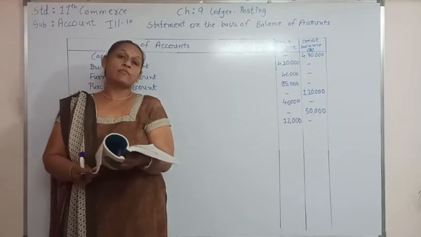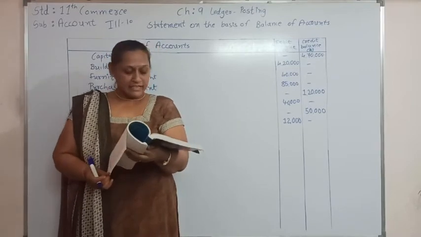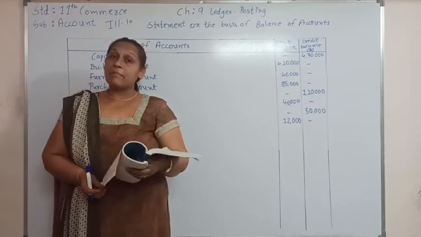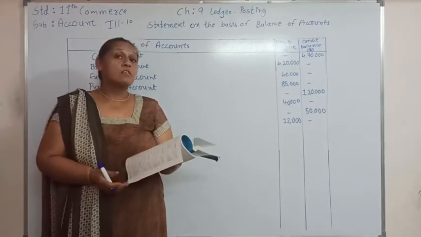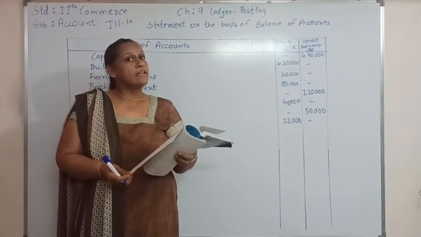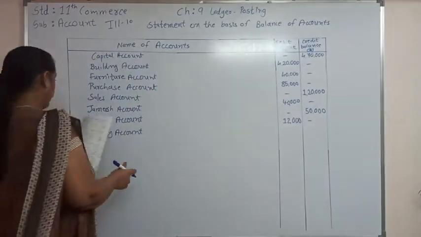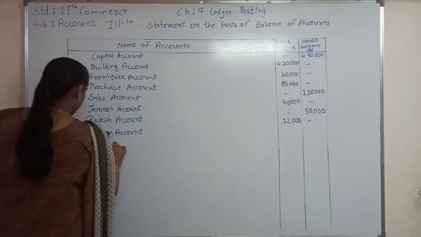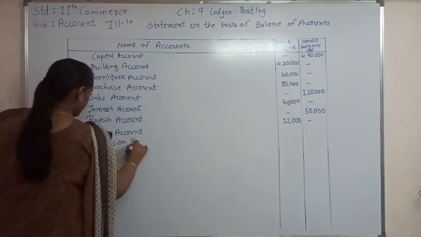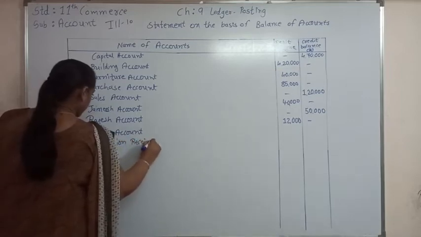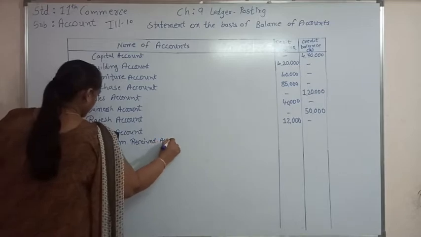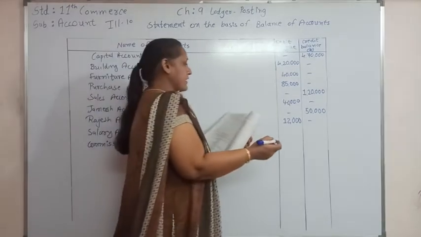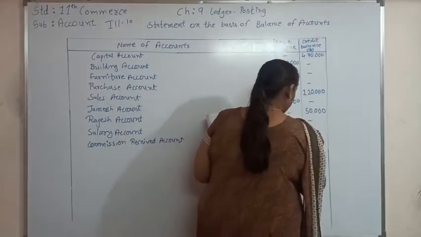We can see that it is a credit side balance, it is 8,200, and debit side nothing is written. So commission received has a credit balance. And here we can see the credit balance of 8,200.